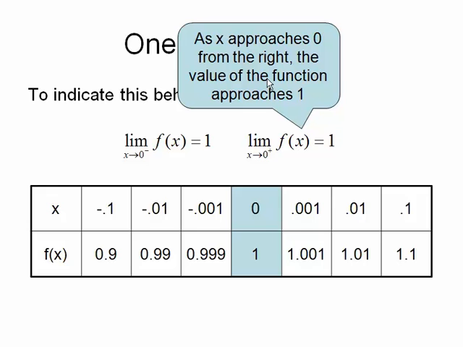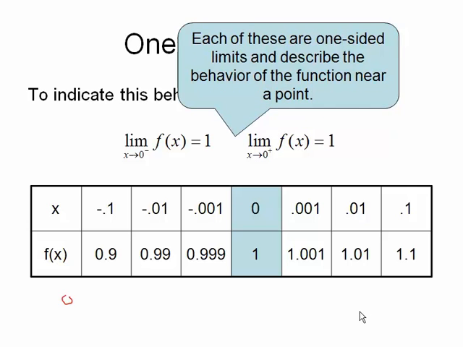On the other hand, as x approaches 0 from the right, the value of the function approaches 1. So the 0 with the plus there indicates that we're approaching from the right-hand side. Each of these are one-sided limits, and they describe the behavior of the function near a point.